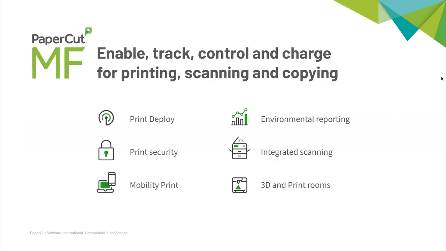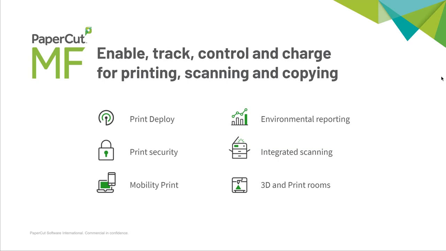So just stepping one level higher, of course PaperCut is not just about printing. It is about enabling, tracking, controlling, and charging for printing, scanning, and also copying. So just calling out a few examples with features like Print Deploy, we have loads of security features as well. It's secure print release.